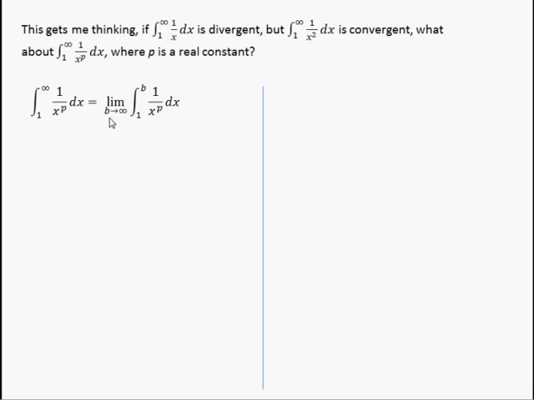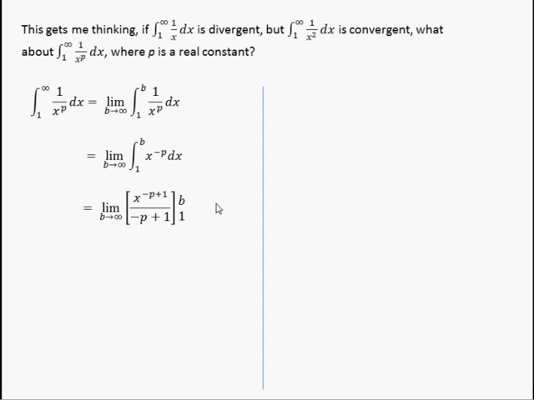Okay, this time we put, again, the limit as b approaches infinity of the integral between 1 and b of 1 over x to the power p dx. Just to make it a little bit simpler, instead of 1 over x to the p, we'll do x to the negative p. Integrating that, you add 1 to your exponent and you divide by that value.